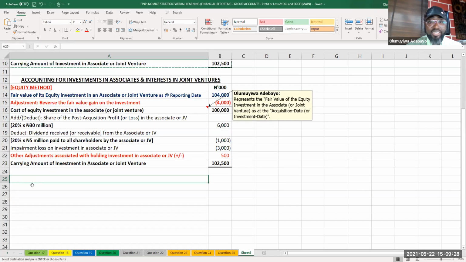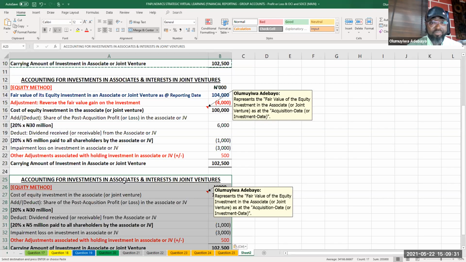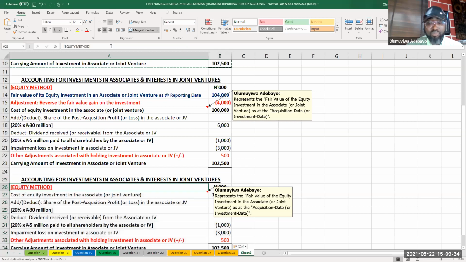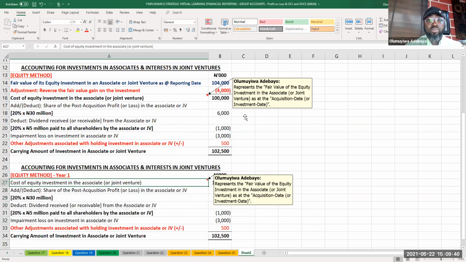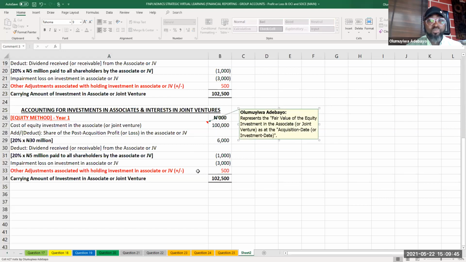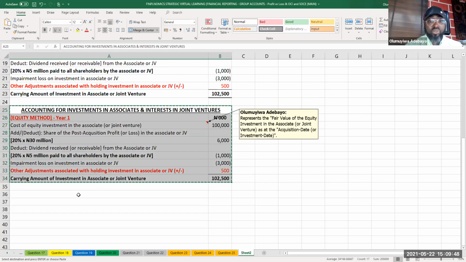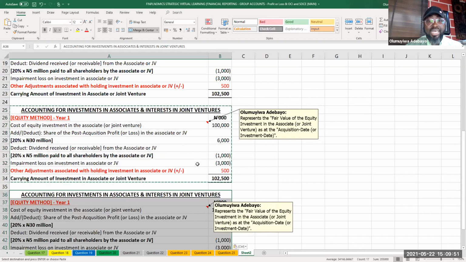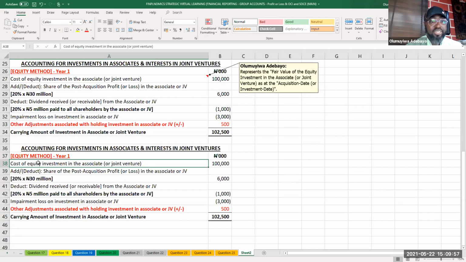Now, in practice, subsequently, let's say this is year one. When we get to year two, you don't start from the beginning at every point in time. Year two will now be the balance as at the beginning of the year, which is, let me say 2020.